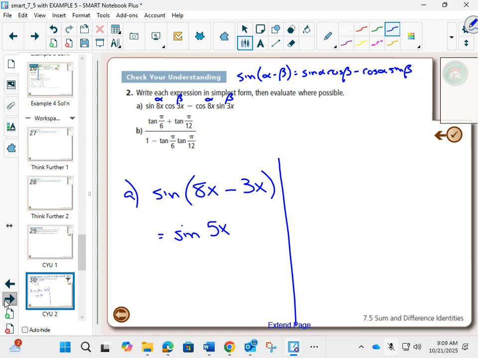Look at your formulas on page 638. If I make my pi over 6 alpha and my pi over 12 beta, is there a tan alpha plus tan beta over 1 minus tan alpha tan beta in our formula sheets? And I'll just write it down.